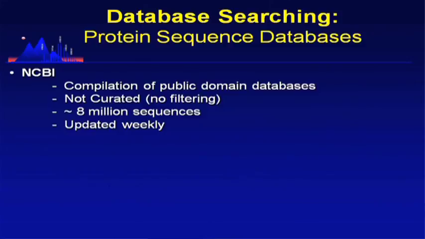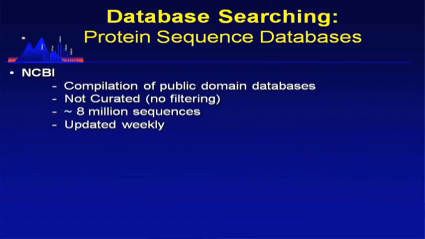And they maintain a very large public database. This is a very old number, I think. It's well over 8 million sequences now. And when we do a live search this afternoon, we'll see where it's at today. I think of it as basically a compilation of many public domain databases. It's sort of like a repository. There's nobody monitoring what's getting dumped into this database, so it's not curated at all. So there's a lot of redundancy, duplicate entries, and errors.